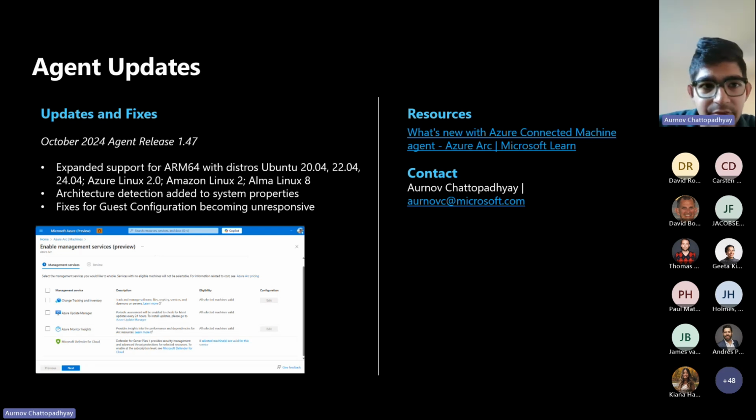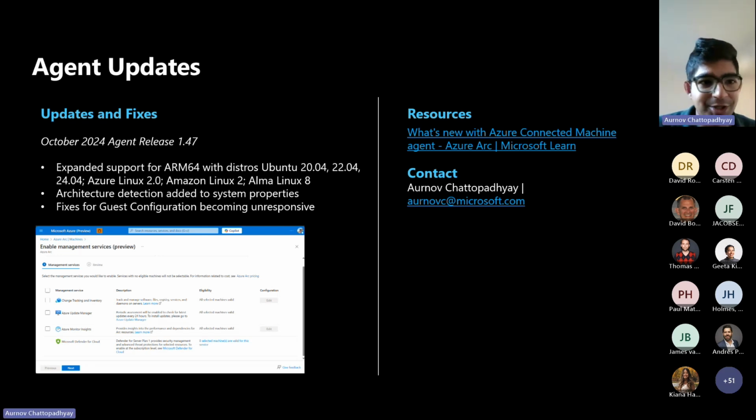We've added architecture detection for system properties and fixes for guest configuration being unresponsive. We have all of this documented, including some of the agent fixes, as well as this expanded support, in terms of what's new with the Arc connected machine agent.